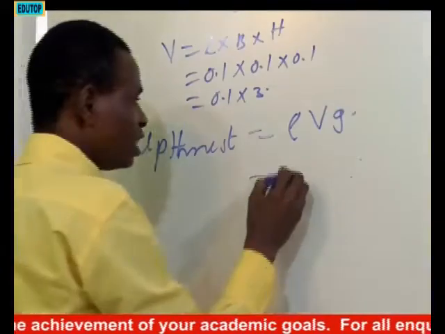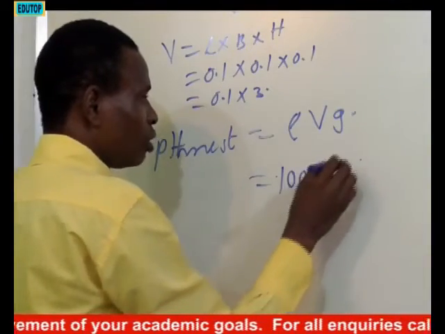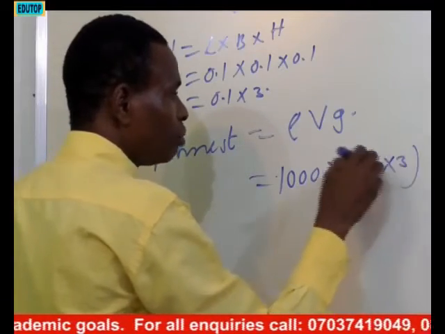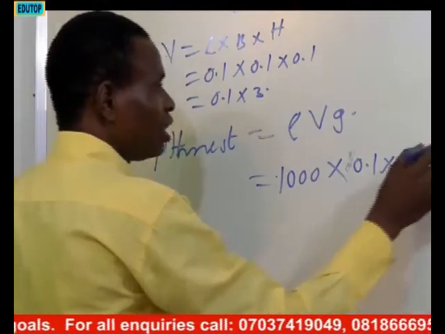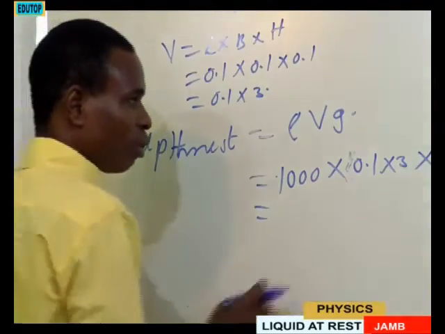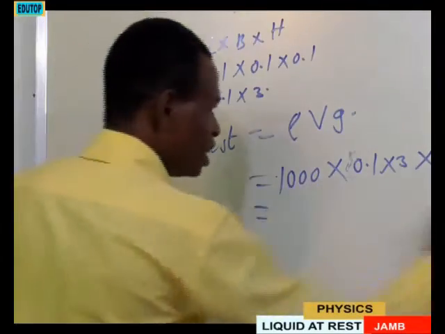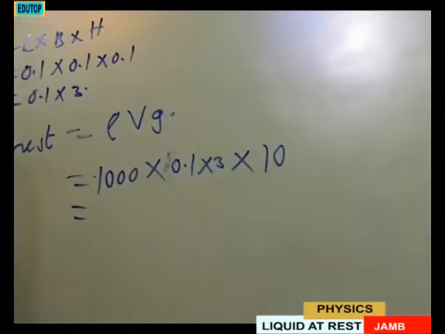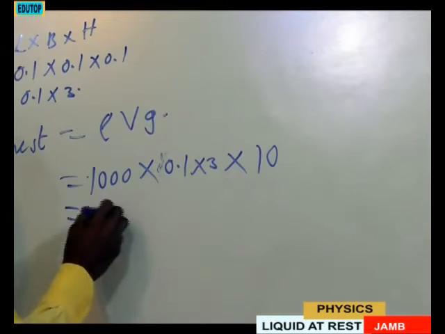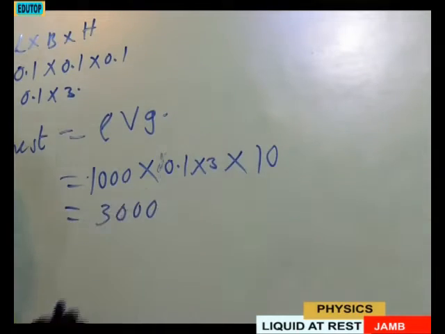Density 1000 times volume 0.1 to the power 3, then times 10 altogether. You can multiply this straight away: 1000 times 0.1 cubed times 10, and what we are having here is 3000.